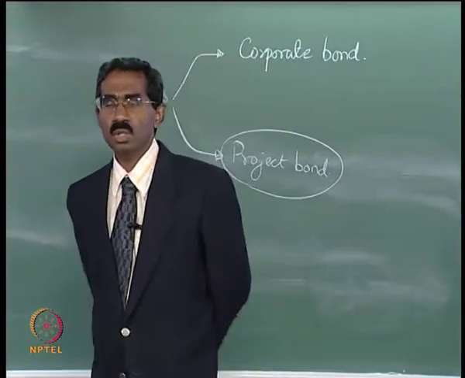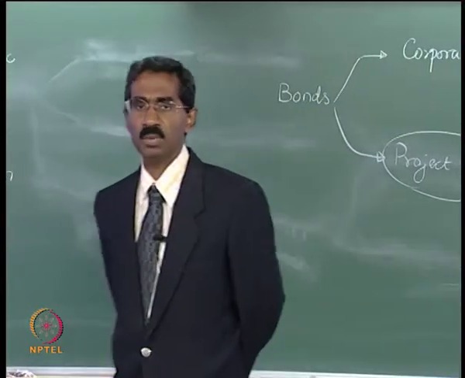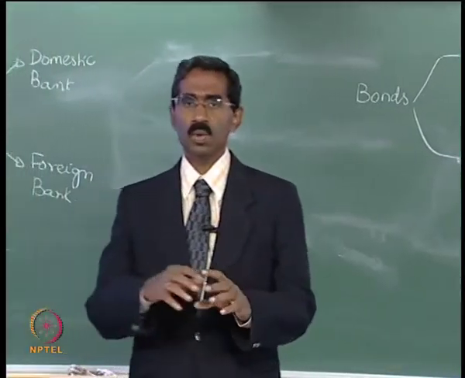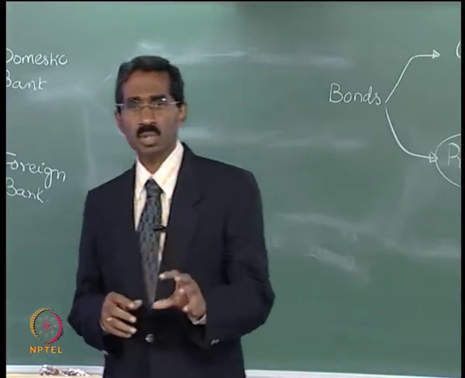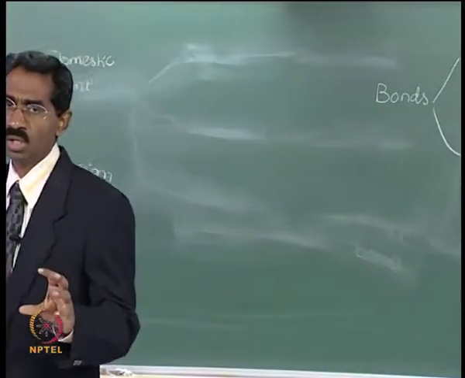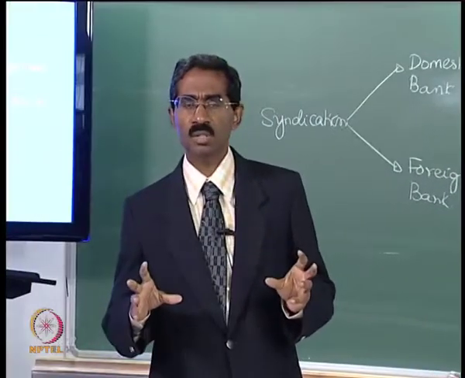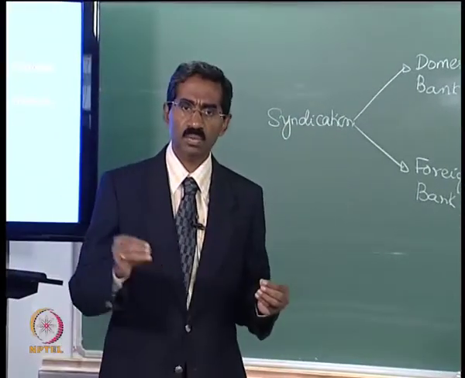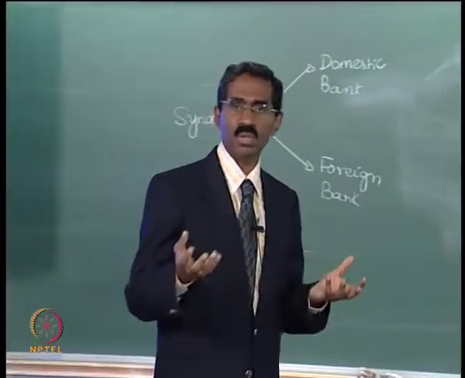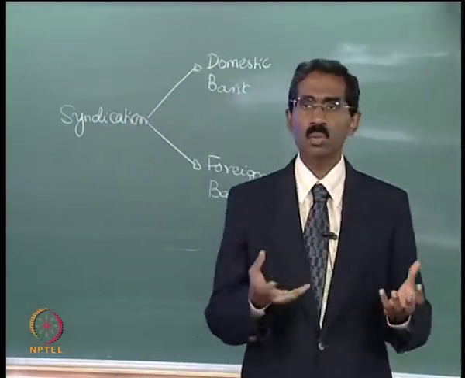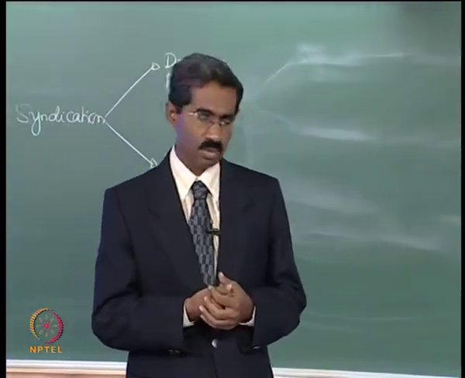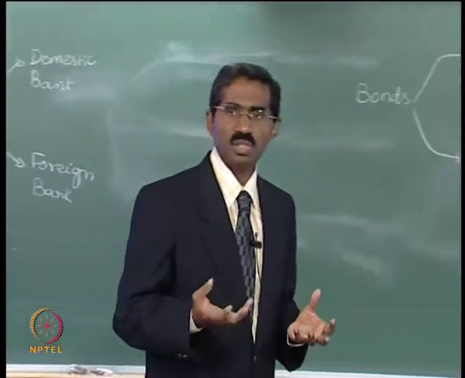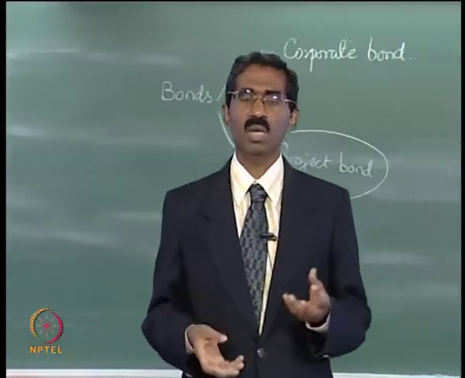The next is project revenue bonds. Project revenue bonds are those where the bonds are serviced from the cash flows of the particular project. So it is very different from general obligation bonds. If there is a shortfall in the cash flows of a particular project, then obviously the investors in those kinds of bonds will have to suffer.